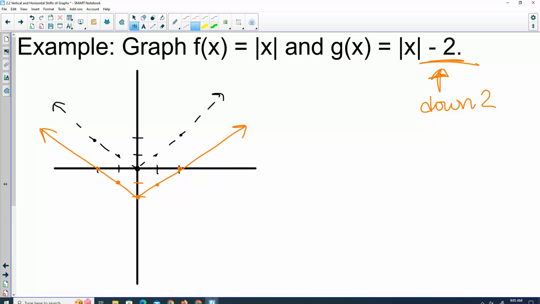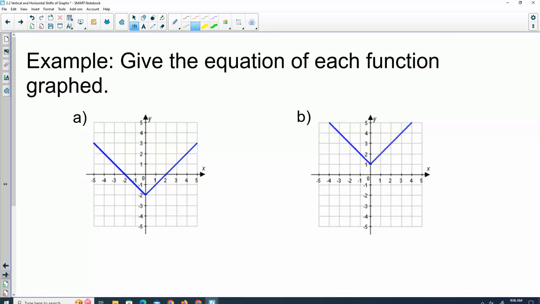All right, next one, I am going to give you a graph and I want to see if we can write the equation for it. All right, if I look at A, that one should look pretty familiar. What is the parent function?